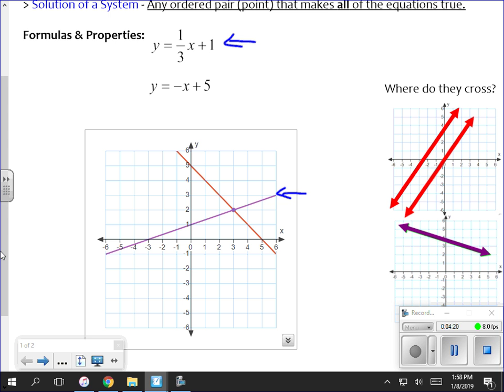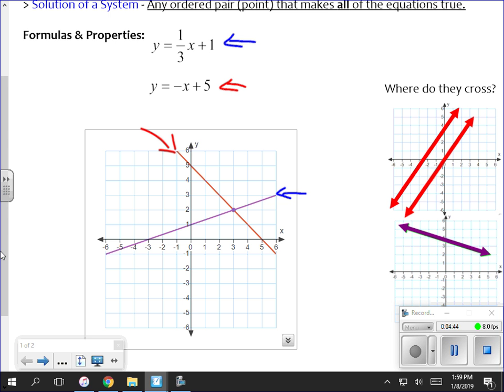This is the line here, which is red on mine, y equals negative x plus 5. That line represents all the places that make the second equation work. Every single xy coordinate that works in the second equation is in this red line. Any xy coordinate that's not on that line doesn't work in that second equation.